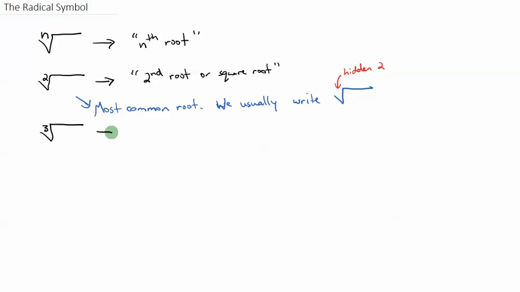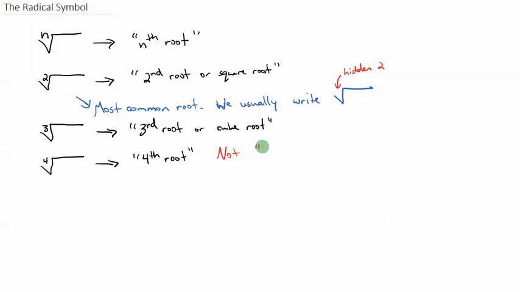If there's a 3, you probably can guess it's called a third root, or most commonly called a cube root. And we'll do one more. If there's a 4 there, it's simply called a fourth root. A lot of people mistake this and say the fourth square root.